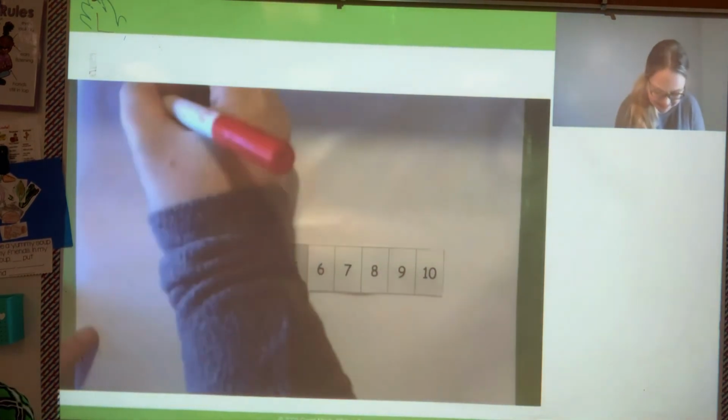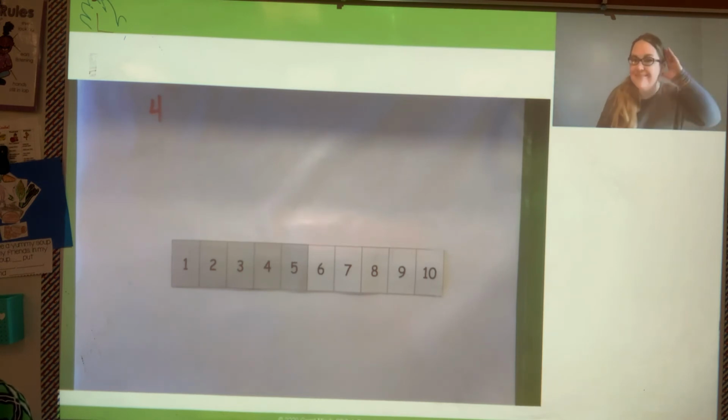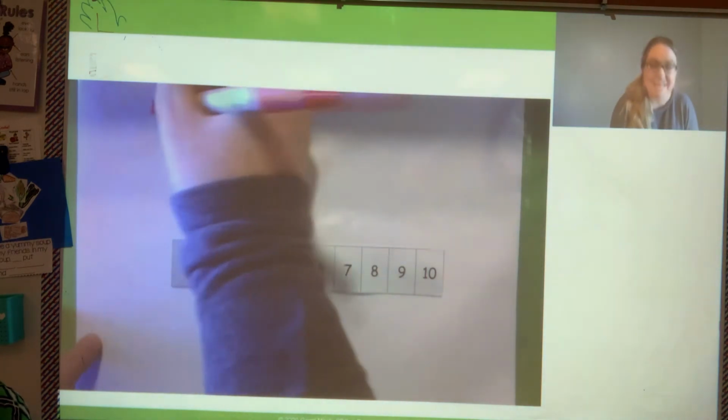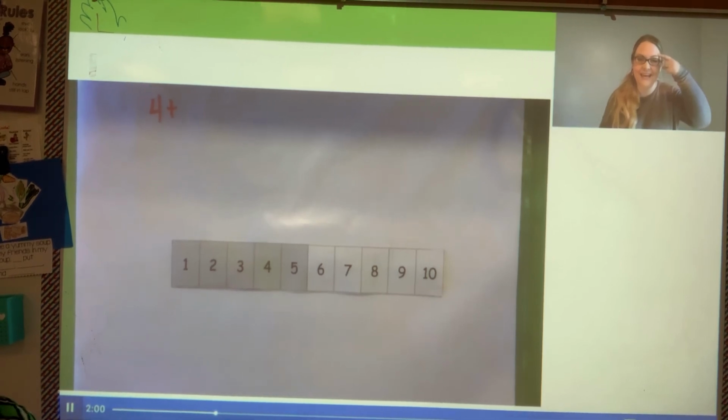So we'll write a 4. And did we add some or did we take away? We added. How many did we add? Show me with your fingers. Not 3. Not 4. Not 2. Let's remember. Say it.